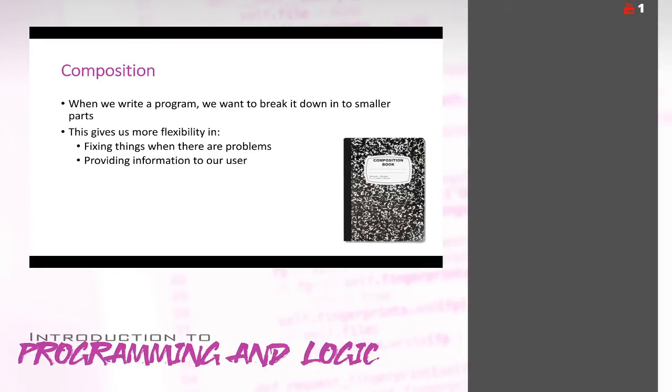But if we break everything down into smaller parts, then we can share our data in different ways and use our data in different ways. So it gives us more flexibility with how we are able to do things and what we're able to do with the things that we have.